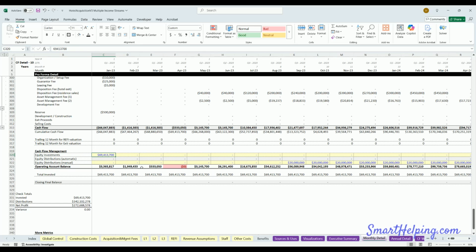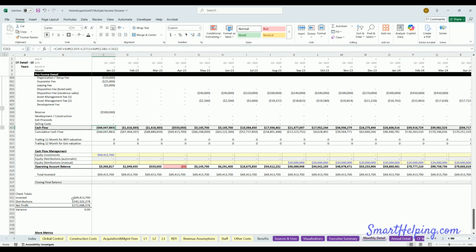Now there are other ways if you wanted to do an annual only version where all the cash is up front no matter what. And then the asset management fee might be based either manually input or based on revenues or something else. You could do it that way and then have annual only periods. Or there's a lot of ways to do it.